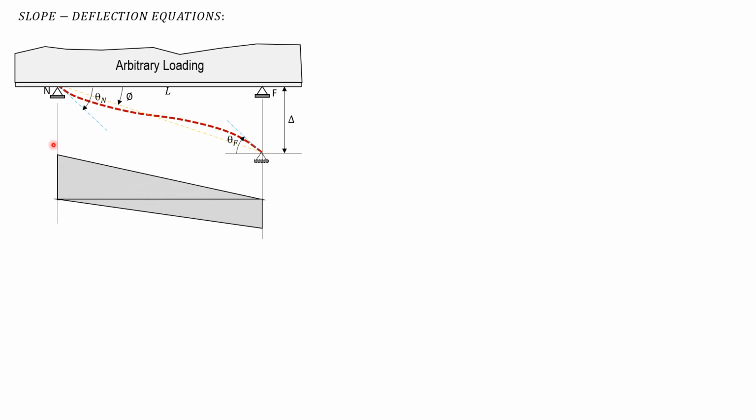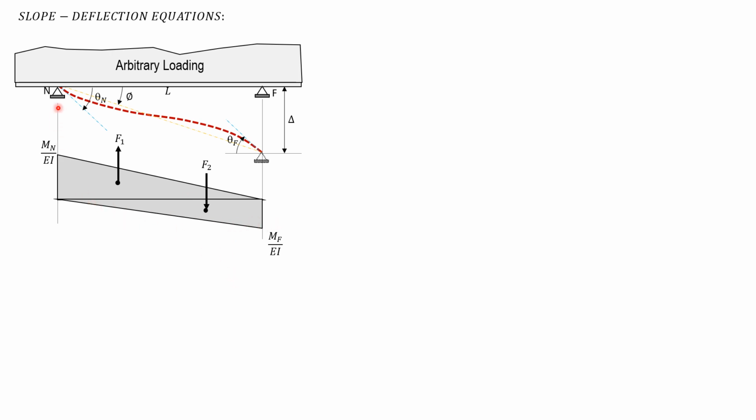The internal moment here, we do not include the moment due to the loading. This is purely due to the internal moment. So we have Mn over EI here, Mf over EI here. So this force equivalent to the area of the triangle is F1, and we have F2 here going down.